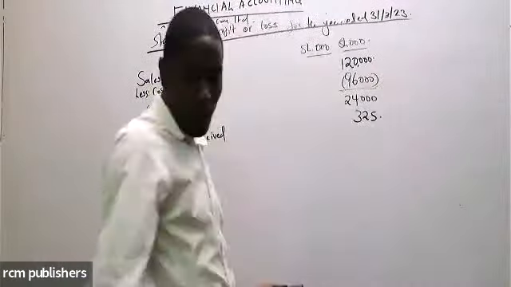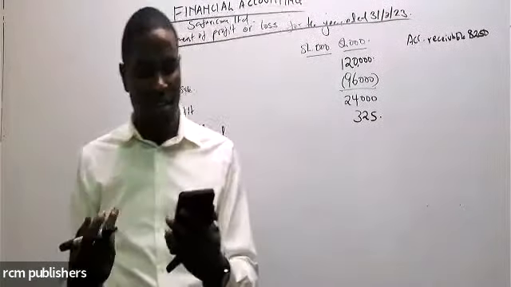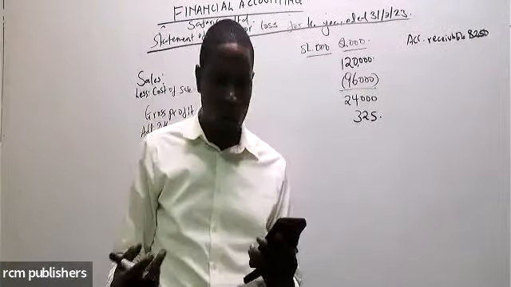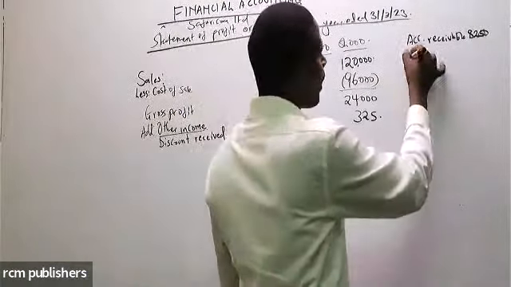But in the additional information number 2, we were told that the account receivable balance included 250 due from a customer who was declared bankrupt. So what will be our net receivable? 8,250 minus 250, this is 8,000.